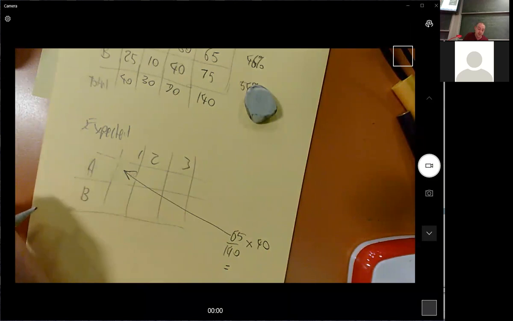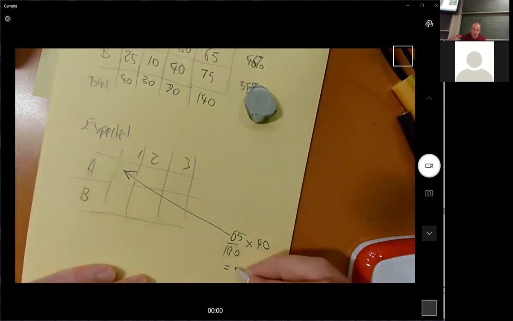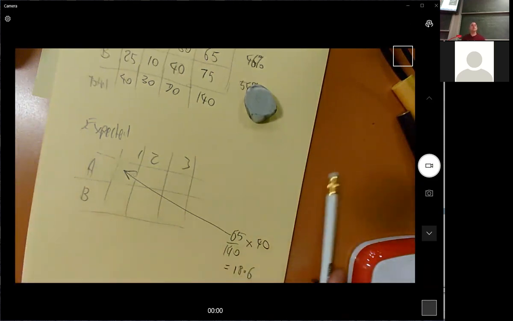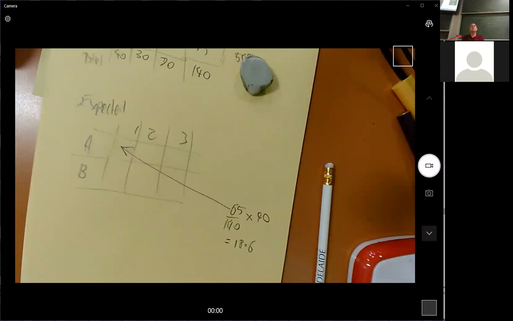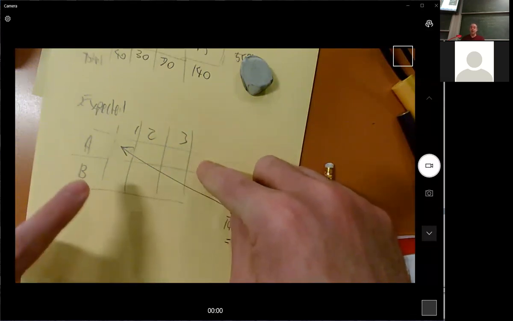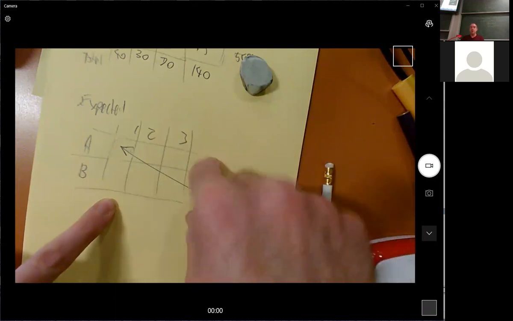How are we feeling about this? Should be 18.6. Okay. The shortcut is it's the row total times the column total divided by the grand total.